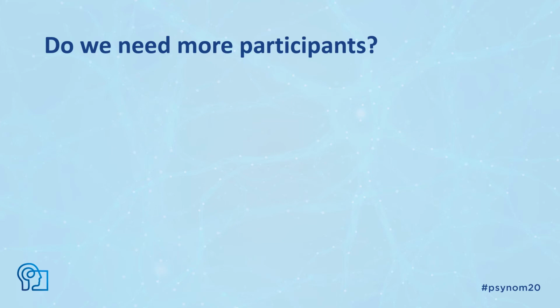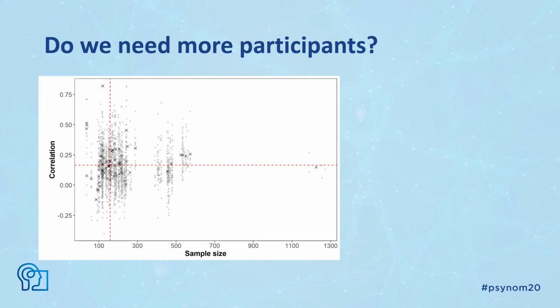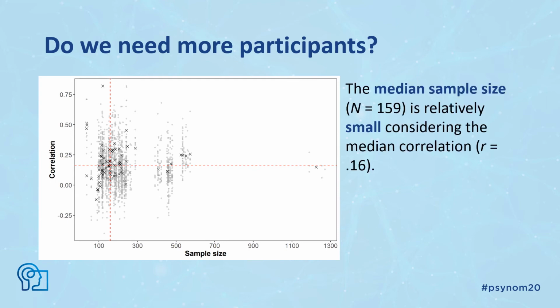Next, we checked the relation between correlation coefficients and the sample sizes. And what we found was that the median sample size, plotted here as the vertical dashed line, was just 159 participants, ranging from 36 to more than 1,000 people. And the median correlation, shown as the horizontal dashed line, was 0.16, with most correlations still being below 0.30.